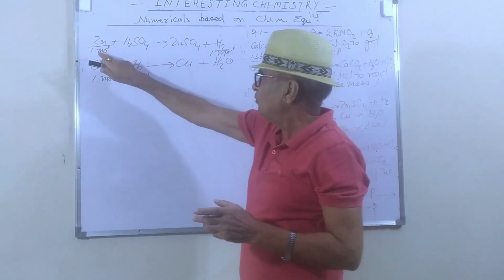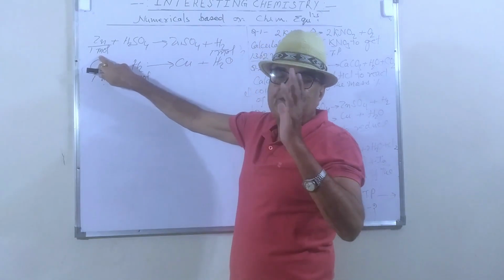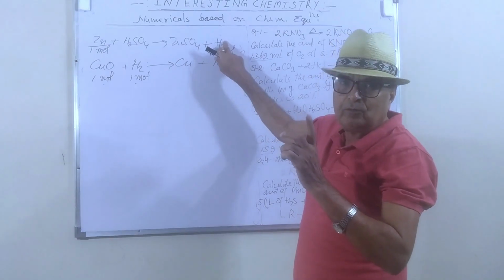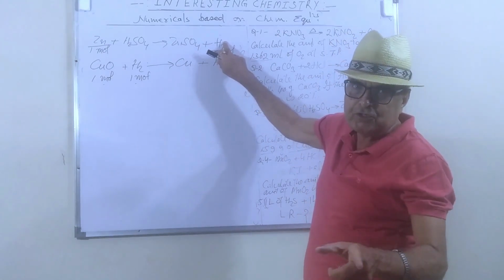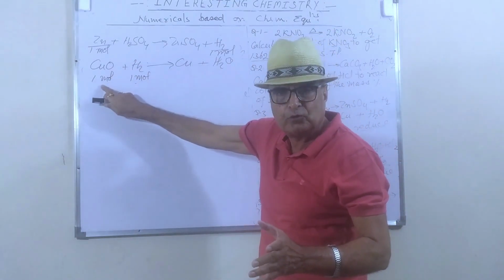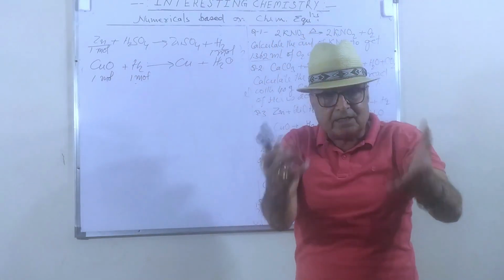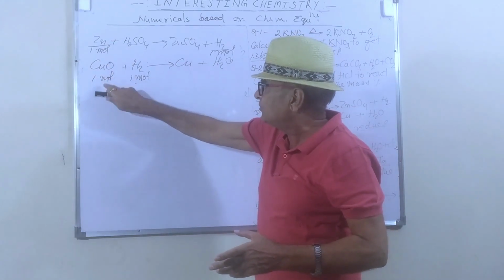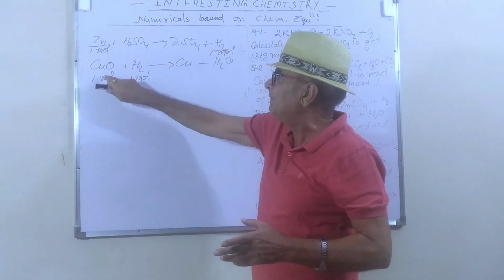This 1 mole of hydrogen is enough to reduce 1 mole of cupric oxide.